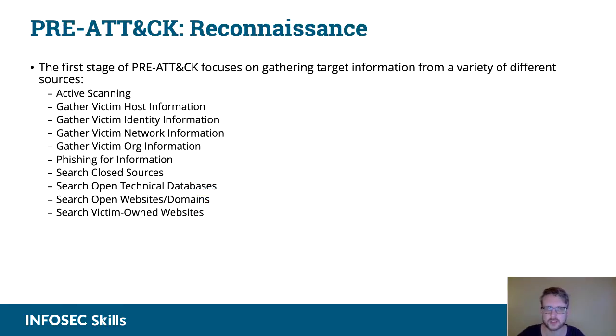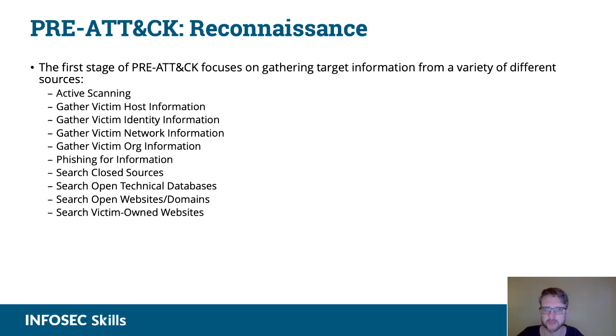In this first stage of PRE-ATTACK, we're talking about network reconnaissance. This tactic and the techniques that fall under it are focused on information collection, trying to gather information about a target system in a variety of different methods. The techniques that fall under this particular tactic are listed here on this slide.